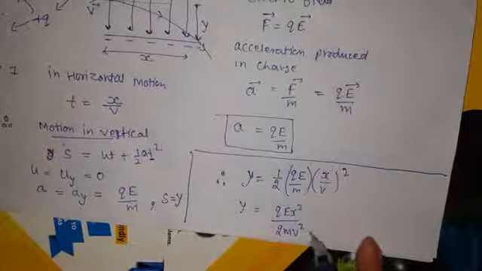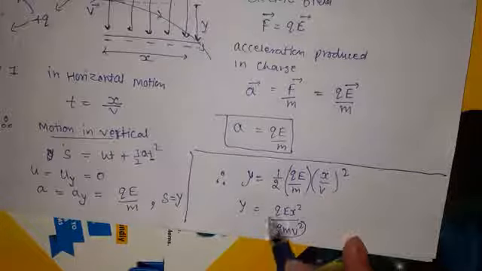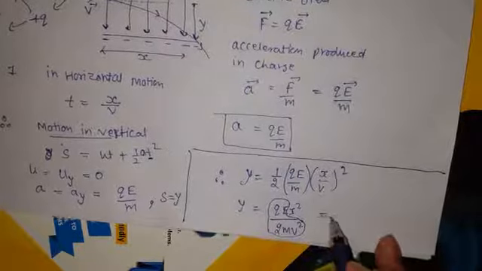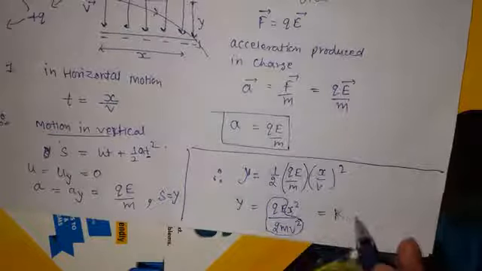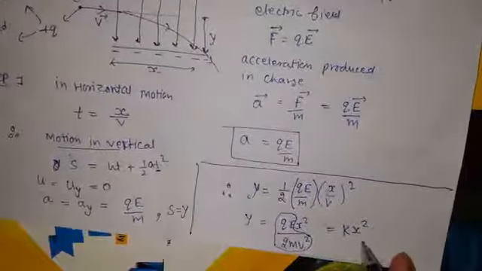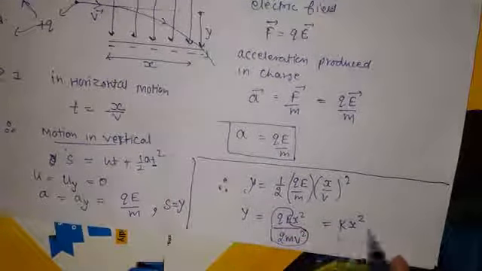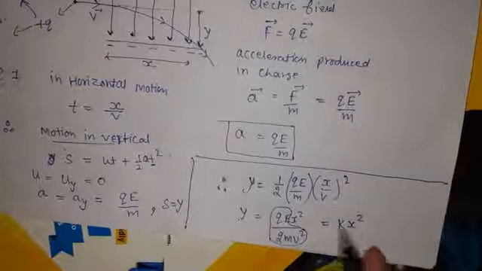We can make all these things a constant, let it be equal to k, and x is the distance covered along the horizontal axis. Now you will find that this is similar to the equation of a parabola.